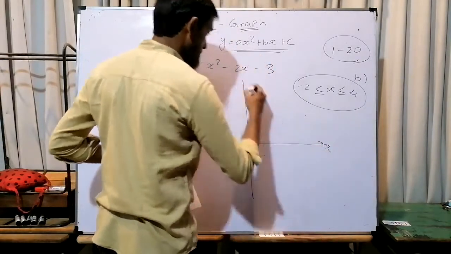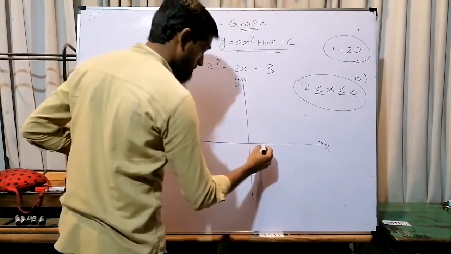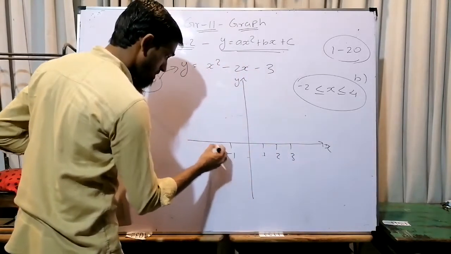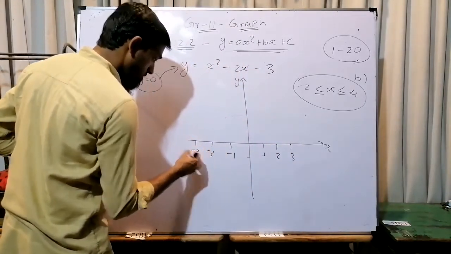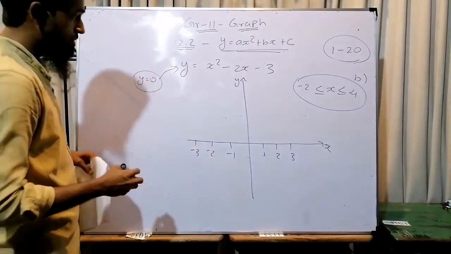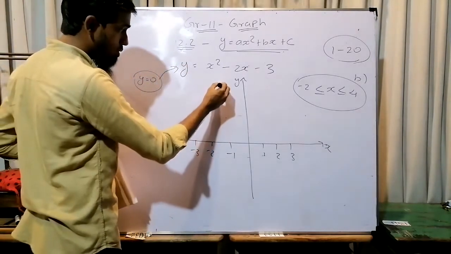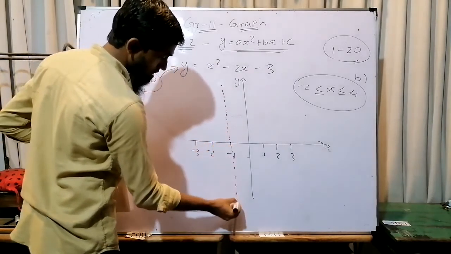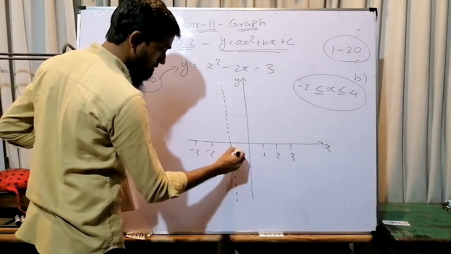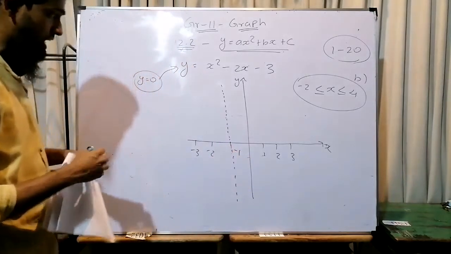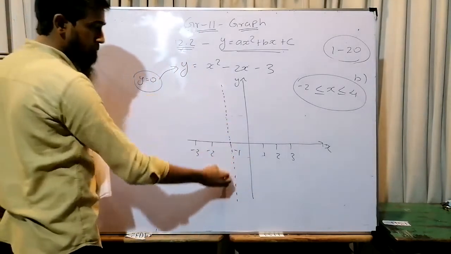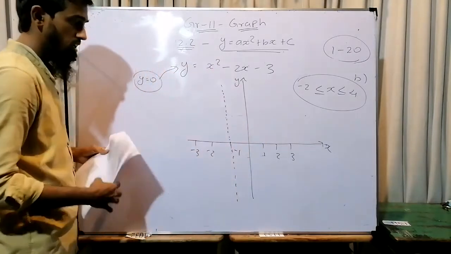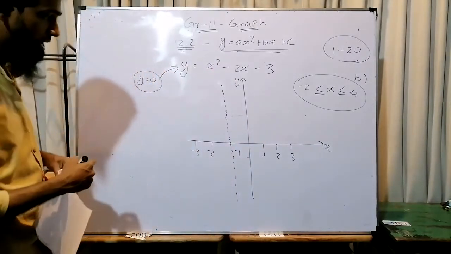So x-axis, y-axis. If you draw a line through -1, the straight line you drew is parallel to y and passes through x equal -1.